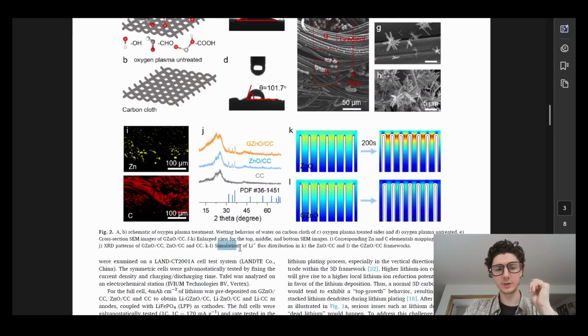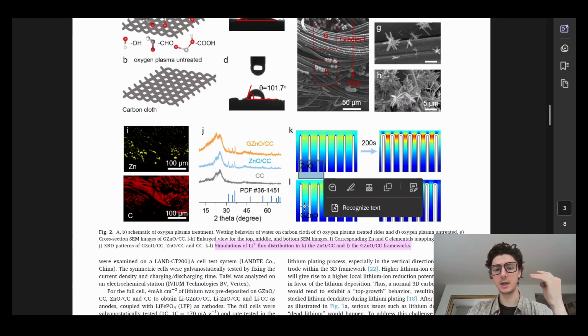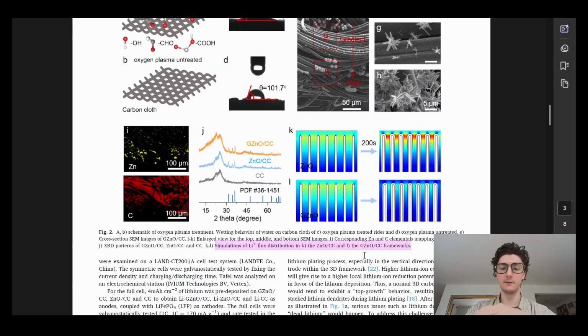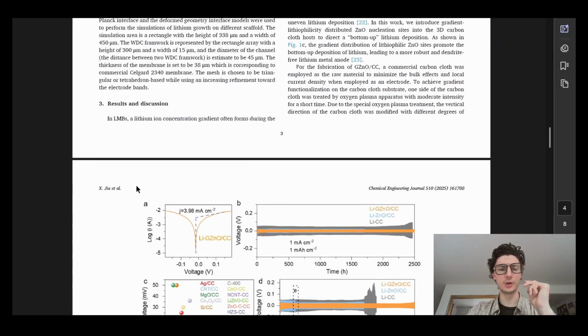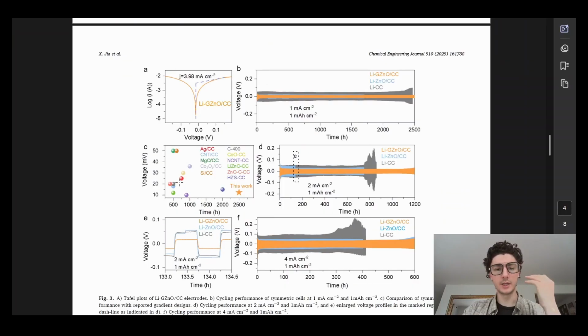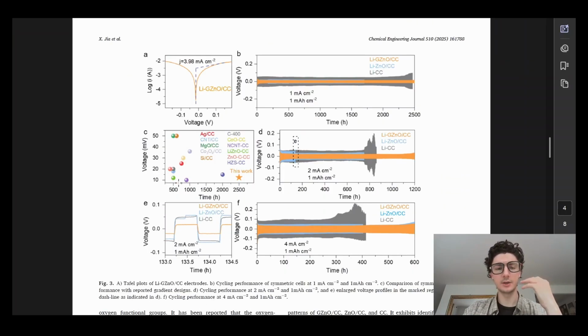So these are simulations here, which I'm going to highlight. And it looks like after 200 seconds, here there's a bunch of red, but here there is no red. So just a color map showing you that there are differences between just the zinc oxide and then the gradient version. Very cool. Again, I'm going to zoom through because in this article, they only explore zinc oxide.